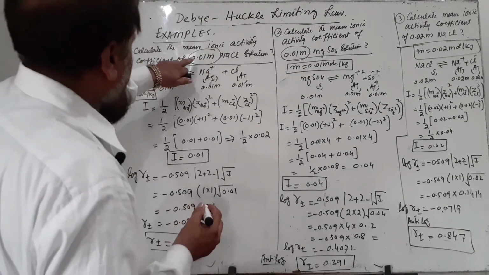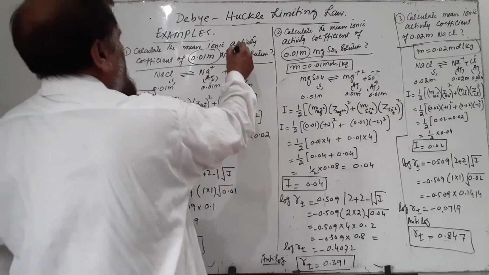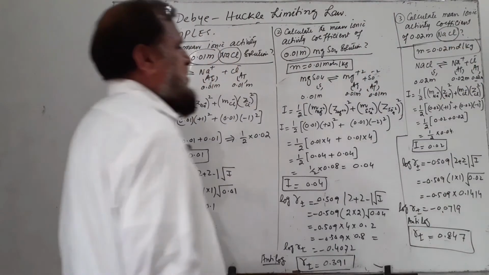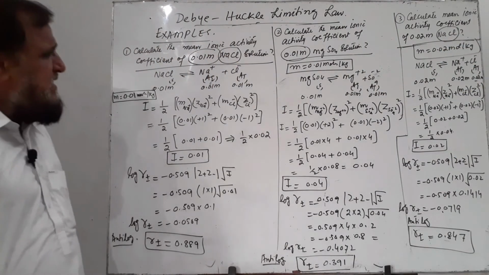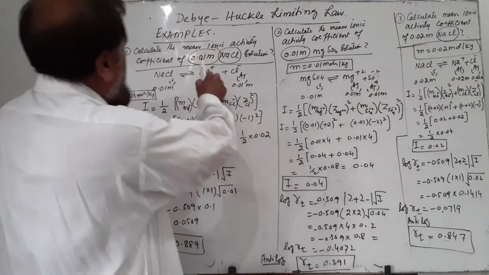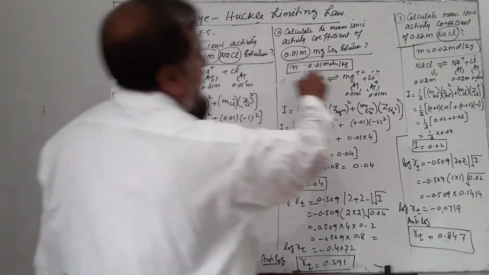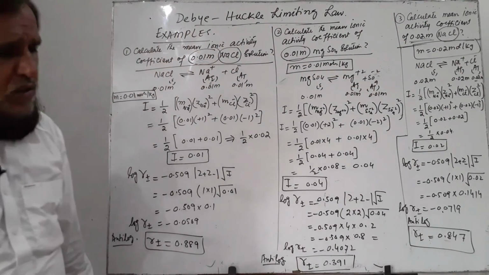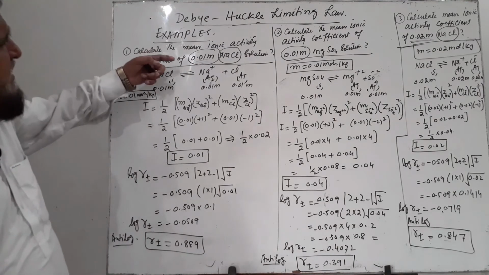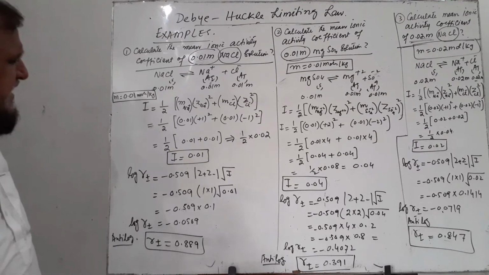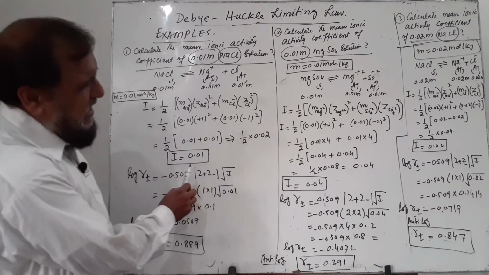In examples 1 and 3, we have used the same salt, that is sodium chloride, which produces +1 and -1 ions, but we have changed the concentration of the electrolyte. Now in example 1 we are using 0.01 molar sodium chloride, and in example 3 we are using 0.02 molar sodium chloride solution. So when the molality or concentration of the solution is increased, the ionic strength also increases.